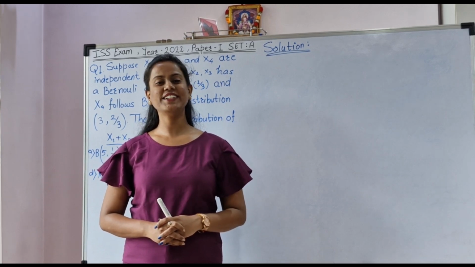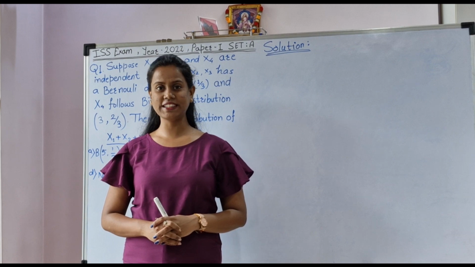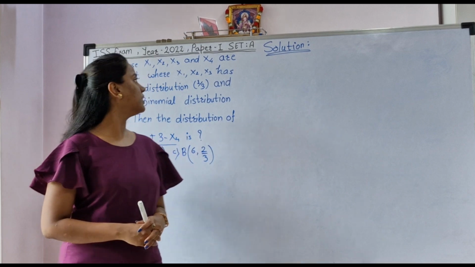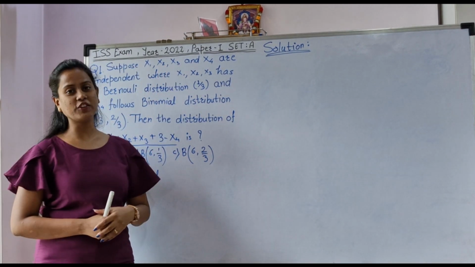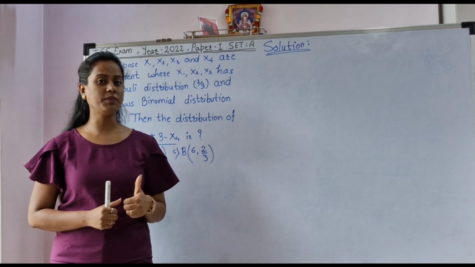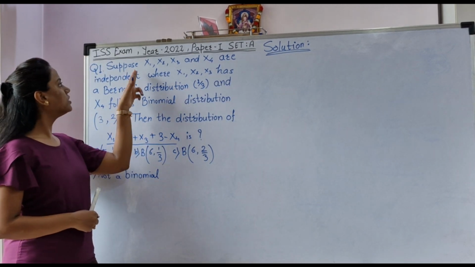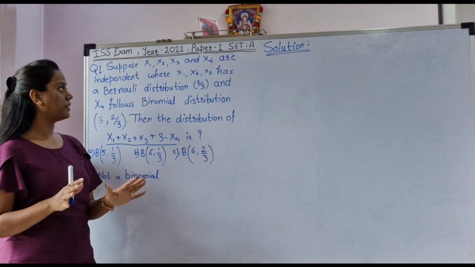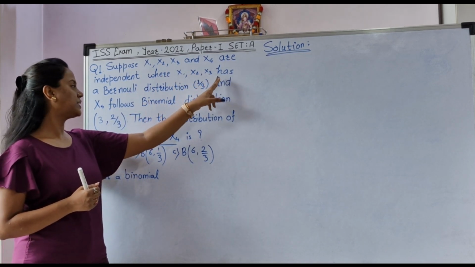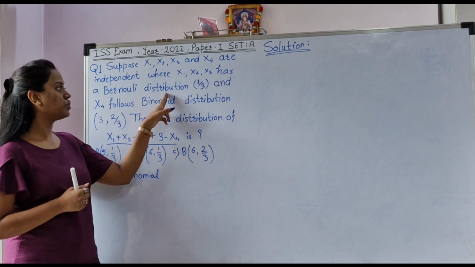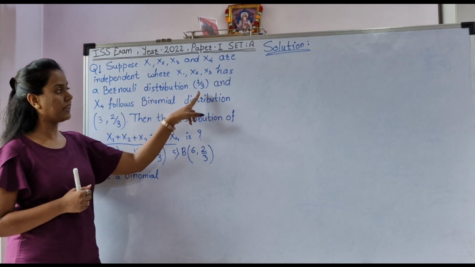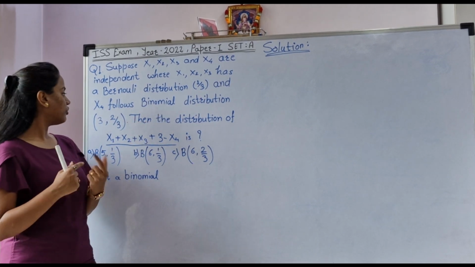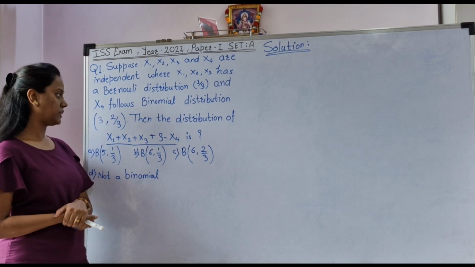Our classes. In today's video lecture, we will discuss a multiple choice question from the ISS exam, year 2022, Paper 1, Set A. Question number 1. Suppose X1, X2, X3 and X4 are independent, where X1, X2, X3 have a Bernoulli distribution with parameter 1/3 and X4 follows a binomial distribution with parameter 3, 2/3.